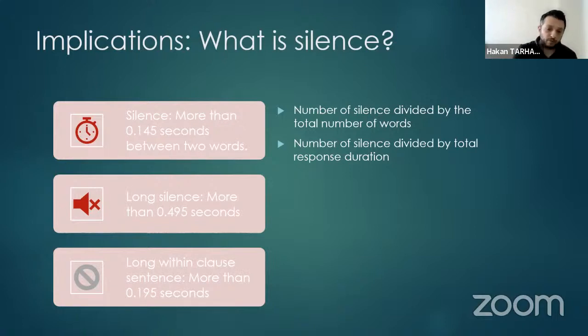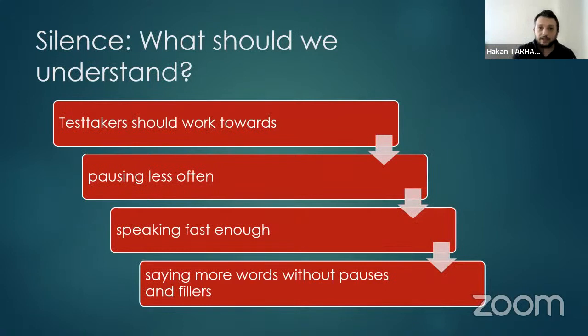So in light of this information, we can say that test takers should work towards pausing less often. This is very clear because pause frequency and distribution of pauses, speech rate and sustained speech, these are all among the strongest predictors. So pausing less often is there, but at the same time, people should speak fast enough. Okay, I will give you some numbers later, but they should be able to speak fast enough with little or no pauses.